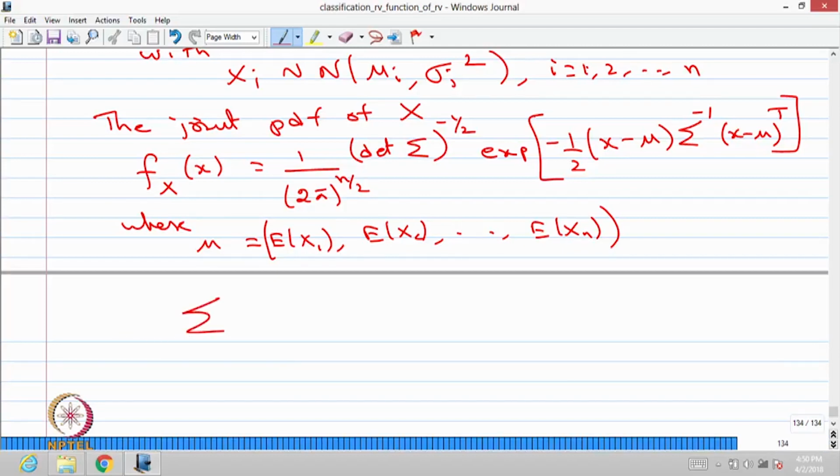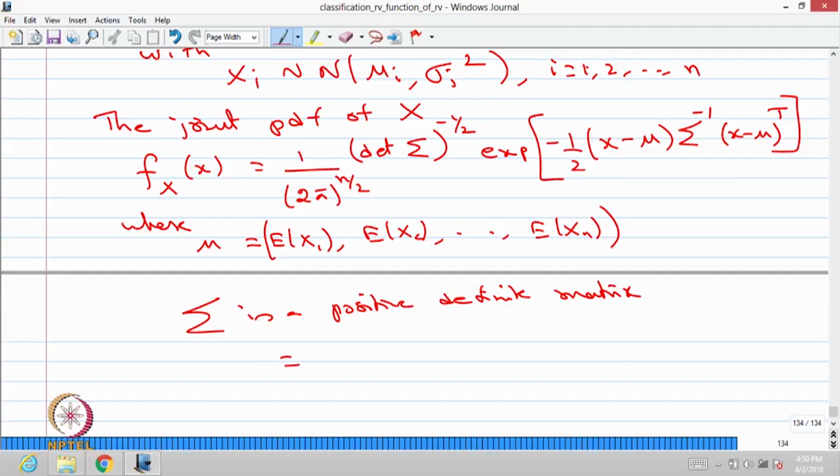And sigma is a positive definite matrix. It is the covariance variance matrix of the n-dimensional random vector X1, X2, Xn.